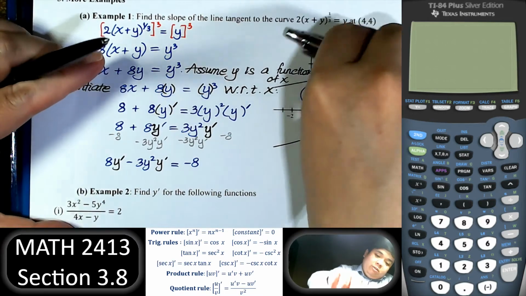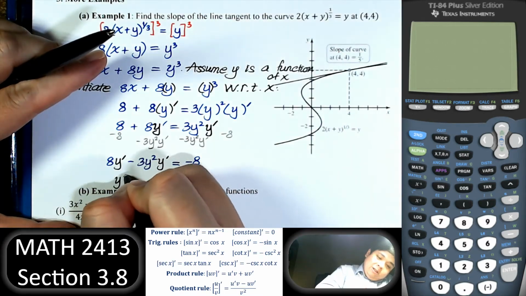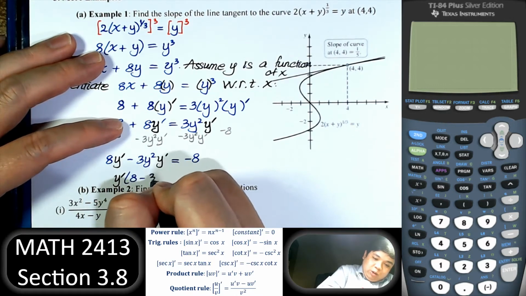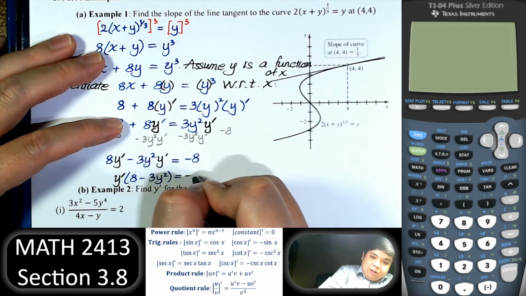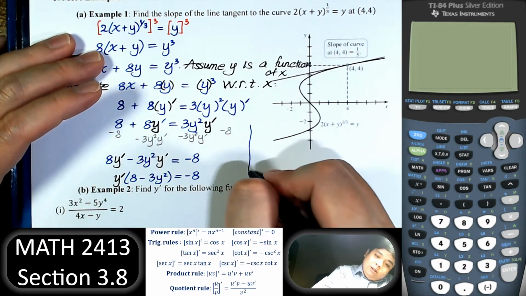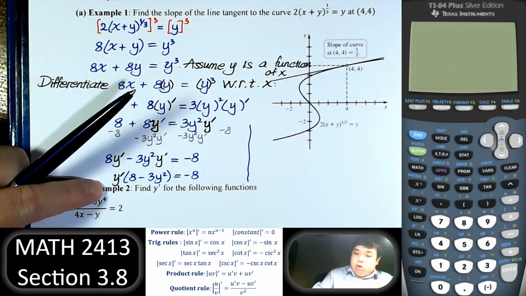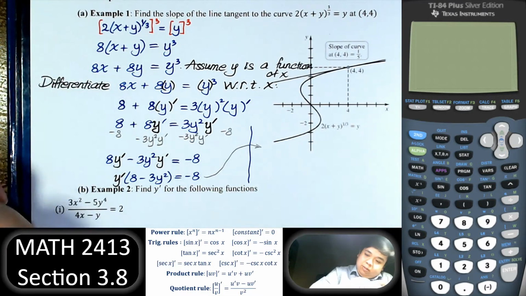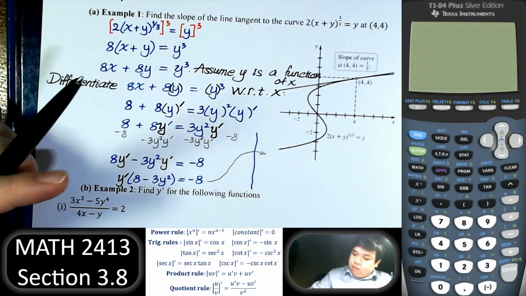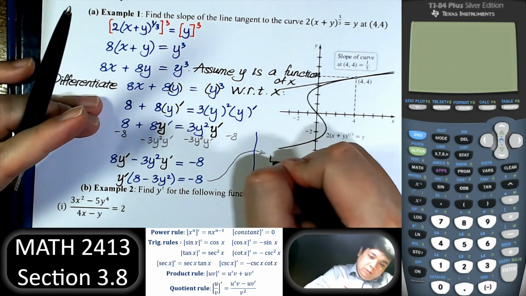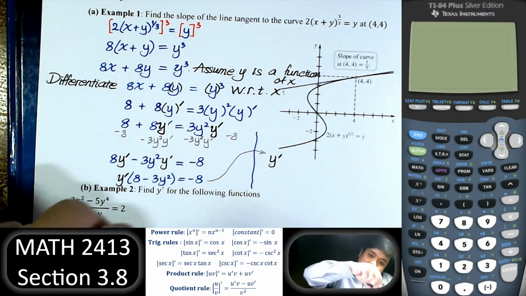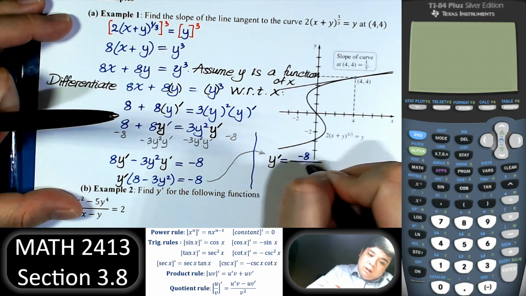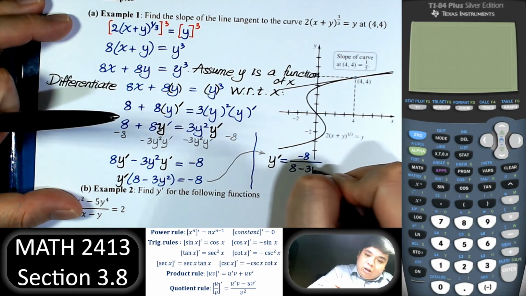Factor out the y prime, so we have 8 minus 3y squared inside. And finally solve for y prime, equal to negative 8 over 8 minus 3y squared.